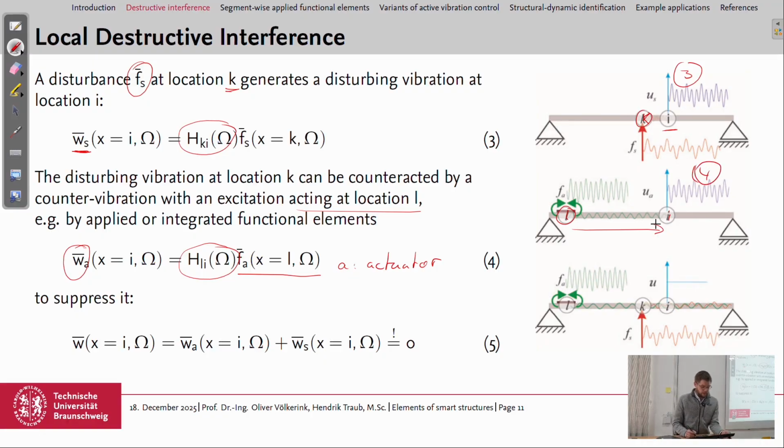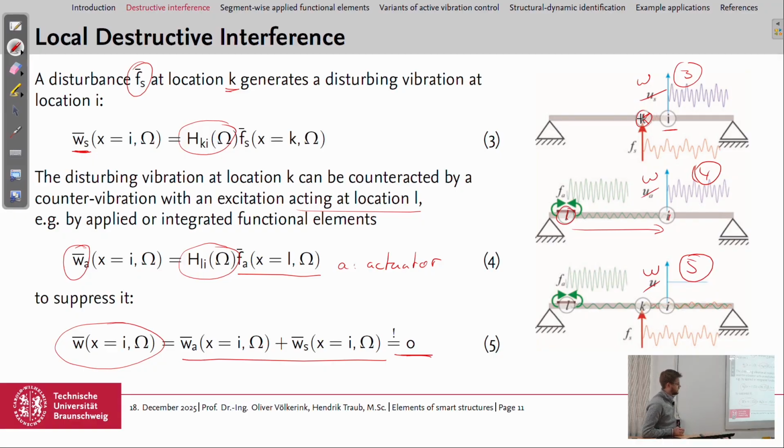And then to suppress it, we state that the overall vibration at this point I should be the sum of the vibration induced by the actuator and the vibration induced by the external excitation or the disturbance, and this should be 0. And then we have here the behavior, so maybe we should write W, not U, to have the figures in agreement with the equations.